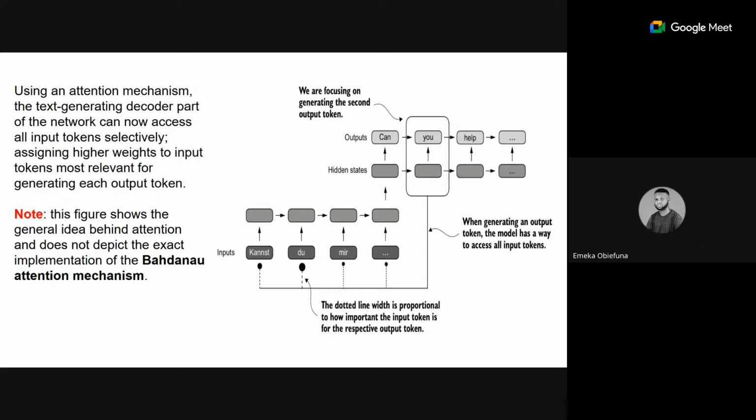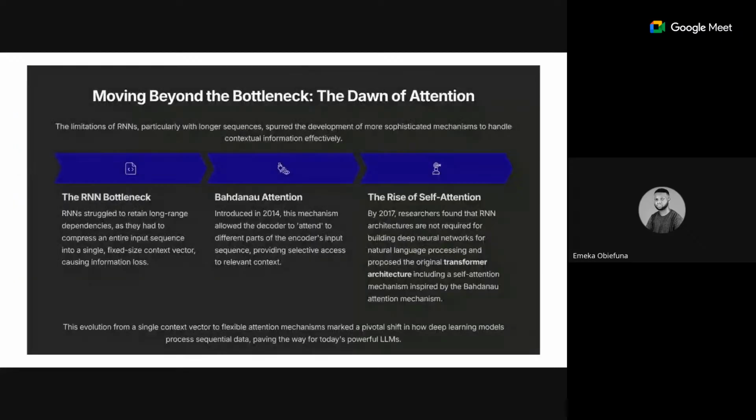Until 2017, this attention mechanism was still very much in vogue. But later on, just 3 years apart, researchers discovered that you don't really need RNN architecture if you're trying to work on NLP problems, which then led to the introduction of the transformer architecture.